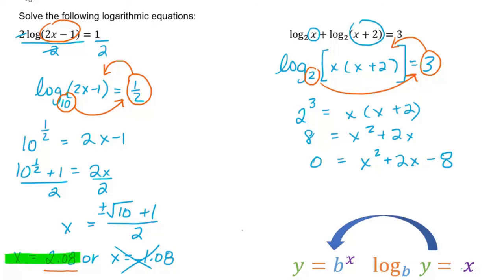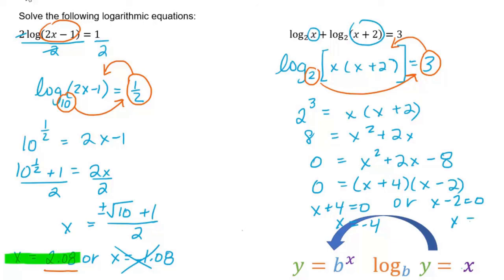Now I find that I can factor the right-hand side. This is a quadratic trinomial that I can factor as x plus 4 times x minus 2. This means that either x plus 4 is equal to 0 and x is equal to negative 4, or x minus 2 could be equal to 0, giving a value for x of 2.